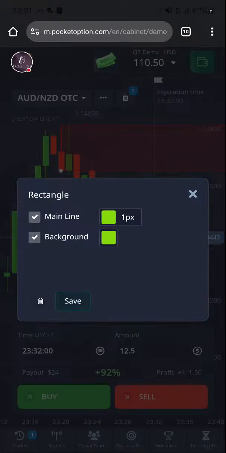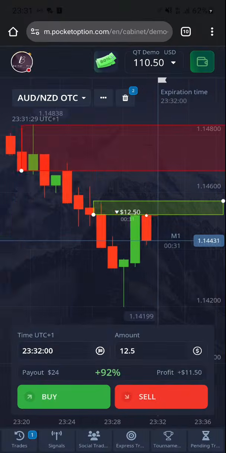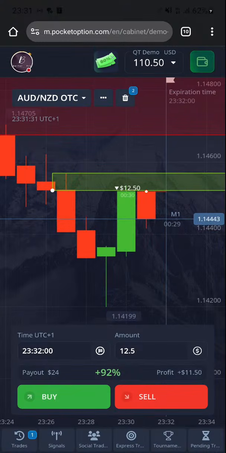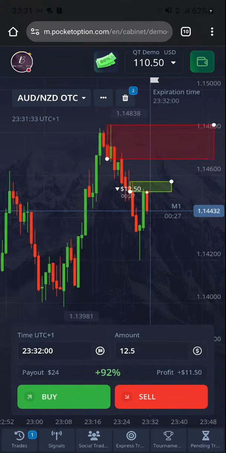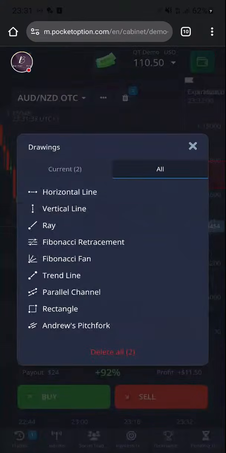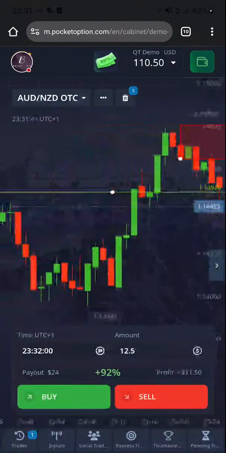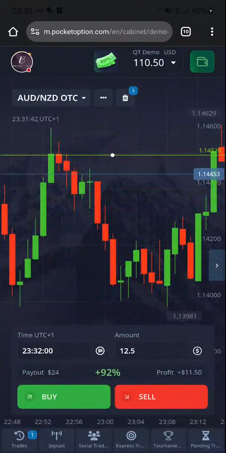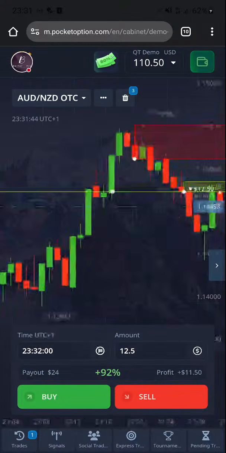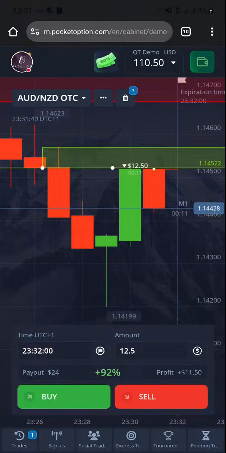Those sellers in that supply area may actually prevail over this market and push the price down. You get the gist. So that's the reason why I'll be going with the sellers in this market. And this is a level you can also see is an area of interest in the market, so the sellers are more likely to come in. You understand? Because that area has been tested many times in the market.